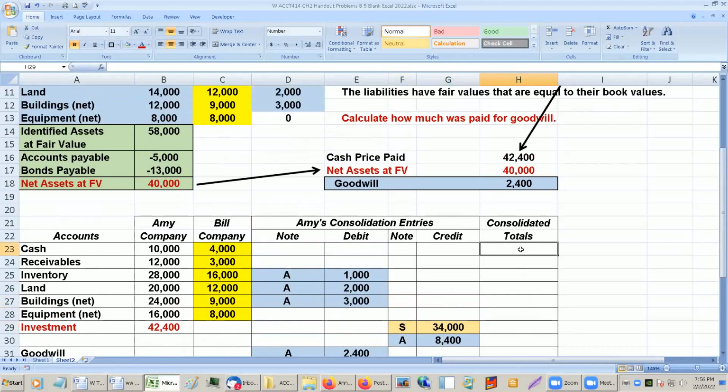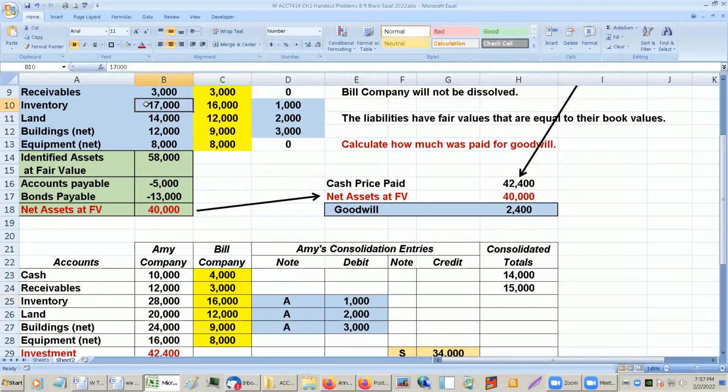All right, so let's start adding these together. So their cash was 10,000 plus 4,000, which should be 14,000. The receivables are that plus that. Their inventories are 28,000 plus the 16,000. Plus we got to add another 1,000 because we got to get that inventory on their books up to 17,000. So this will be all three of those.